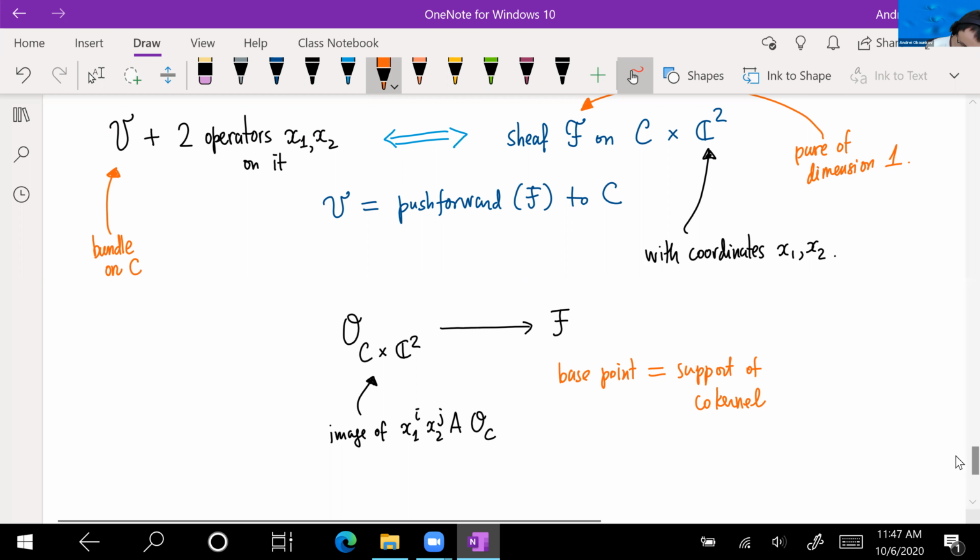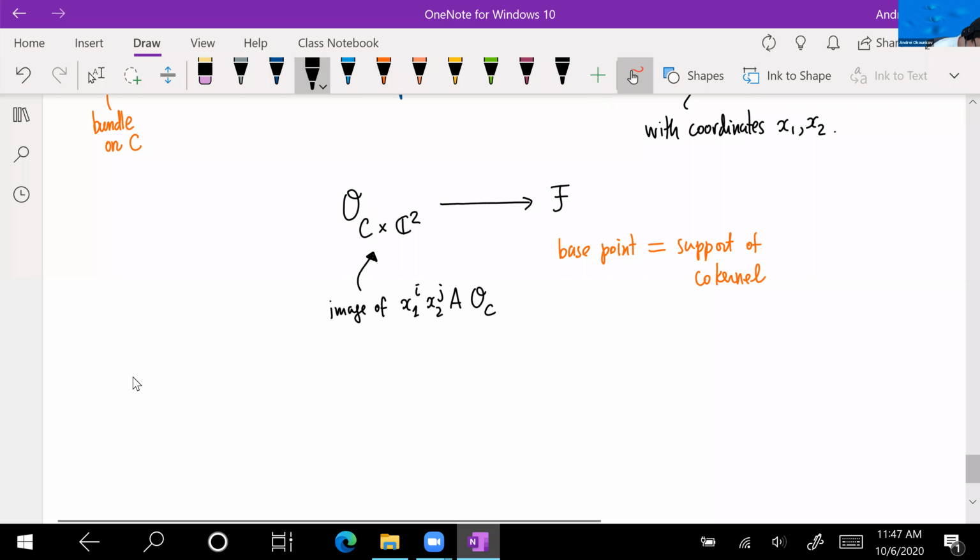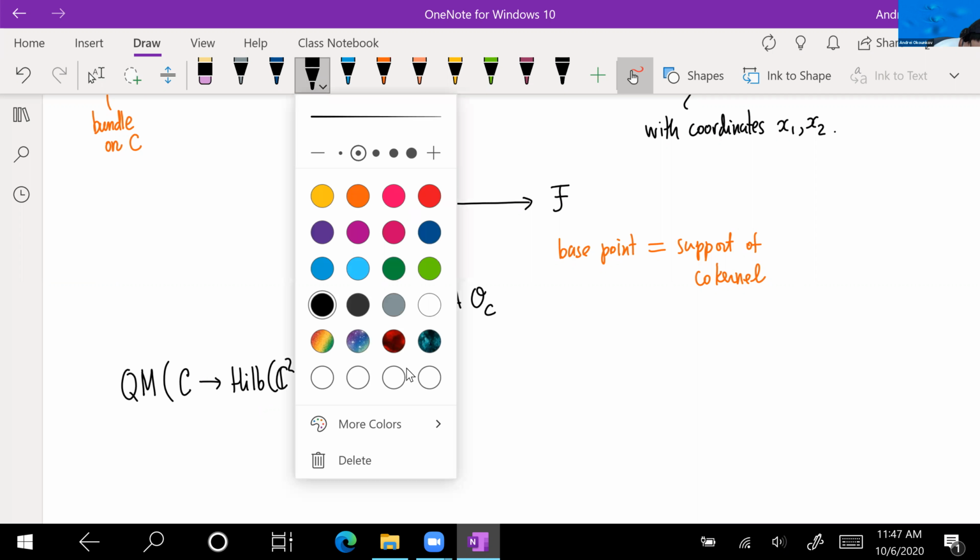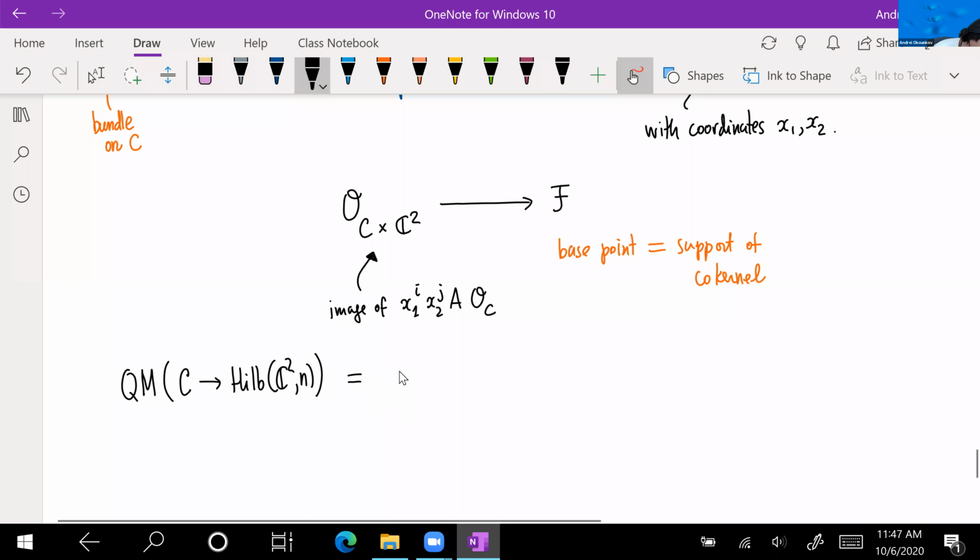And so then we get the quasimaps from C to the Hilbert scheme of C^2, which is the same as pairs. I'll just write PT, because this is the space studied by Pandharipande and Thomas, the PT space of C cross C^2.